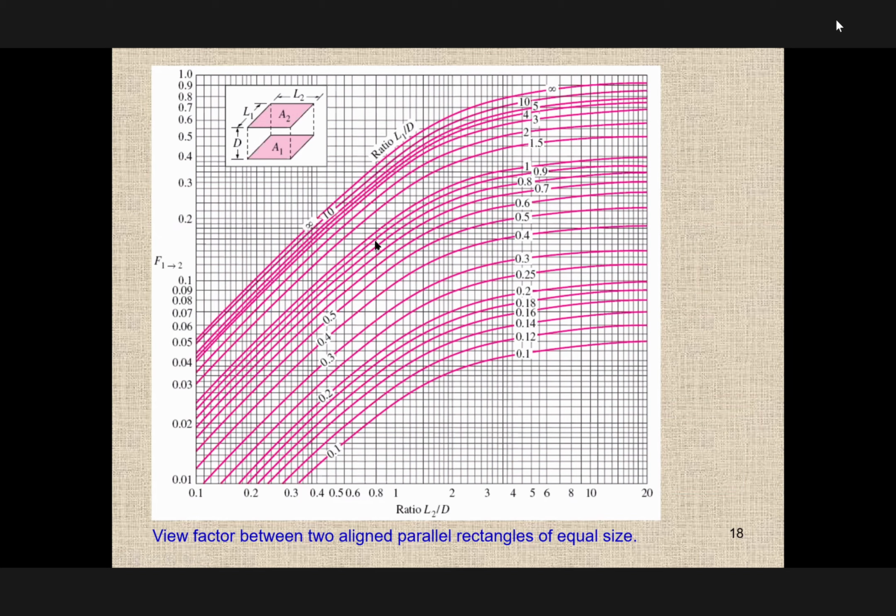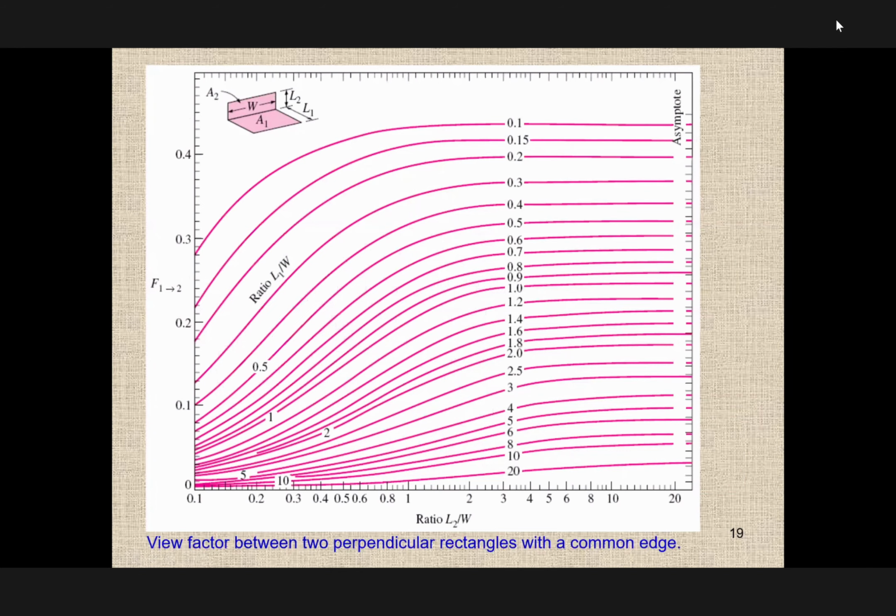Again, look here, it gives you L1 over D, and here it gives you the view factor F12. You notice the view factor is a maximum of 1 and a minimum of 0, okay? You also have the case of plates perpendicular to each other.